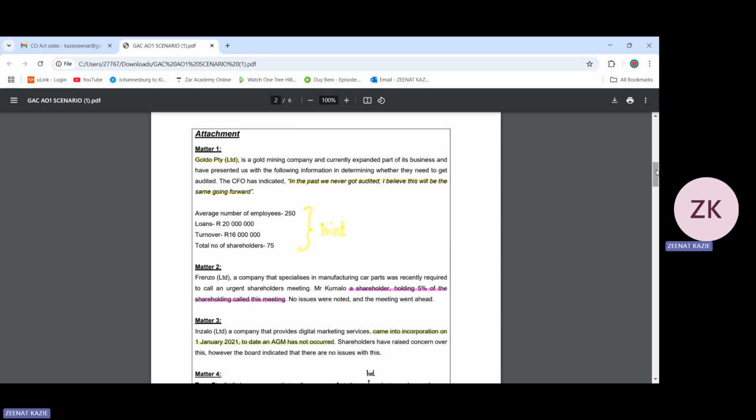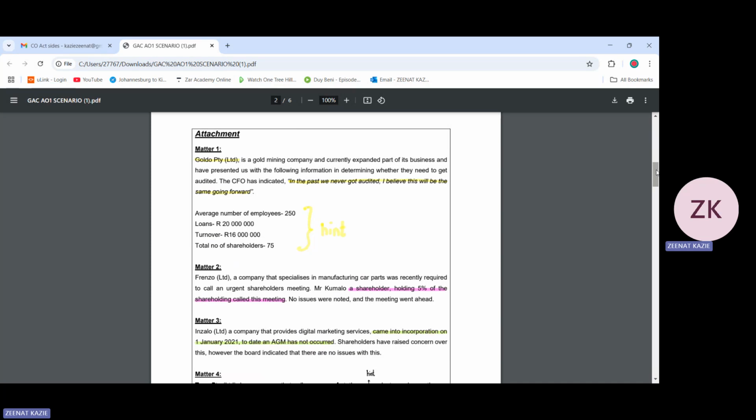So you can split it into auditors and audit committee, and then you study the appointments, the rotation, the rights, or you study board of directors, then you study the meetings, the ineligibility, the removal of board of directors, financial interests of board of directors, conduct, or shareholders. Then you study shareholders' meetings, shareholders' resolutions. You can take it like that, doing a mind map or flashcards.